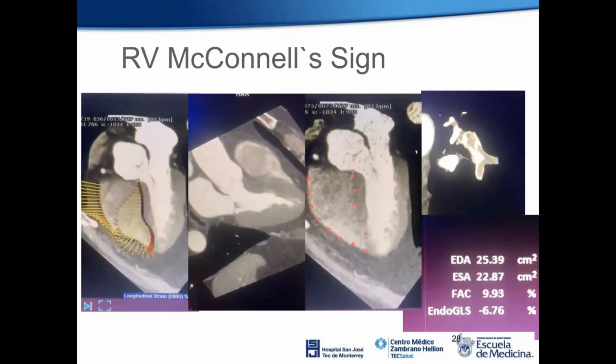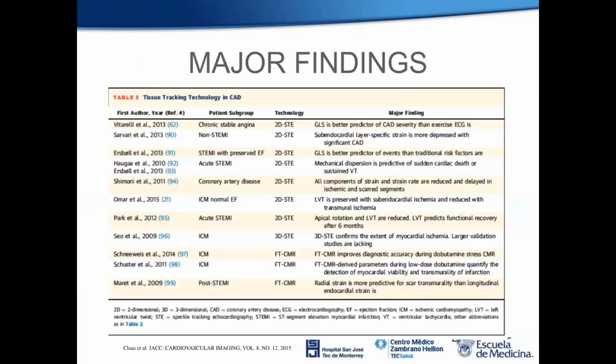Now, we know, and this has already been shown by a lot of studies, that adding global longitudinal strain to our routine analysis of patients increases the prognostic value, sensitivity and specificity, specifically as compared to exercise ECG and in patients with viability.